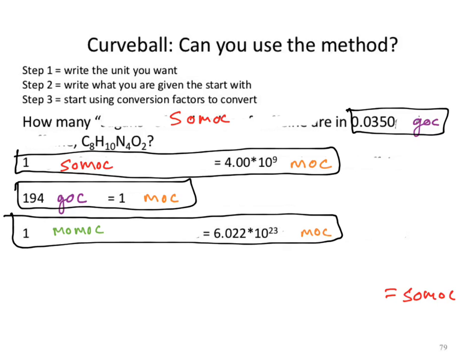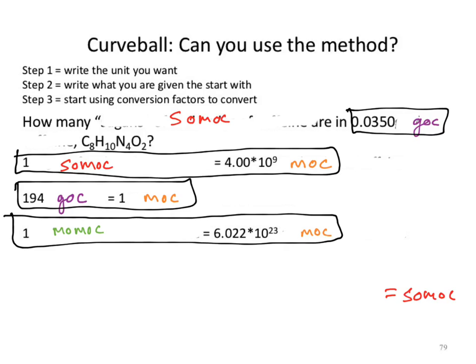What do you want for an answer? SOMOC. Is MOC SOMOC? Is GOX SOMOC? No. What do you want to start with? Why not the second one? Does that have what I want in my answer? That we'll address here in a second.